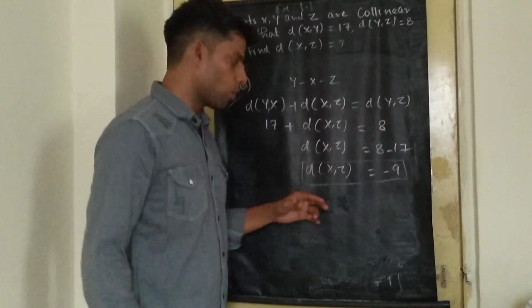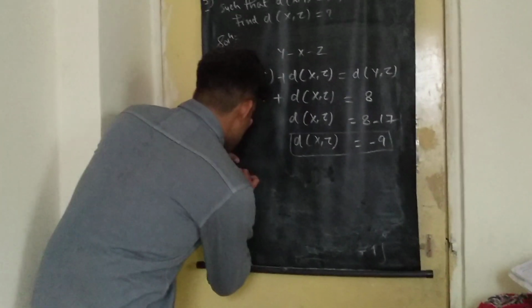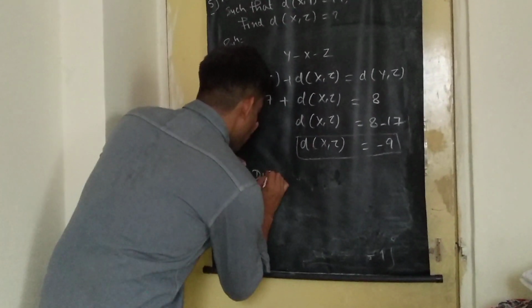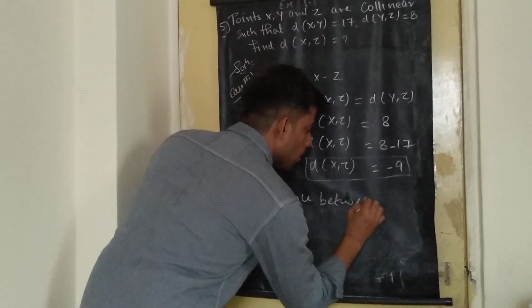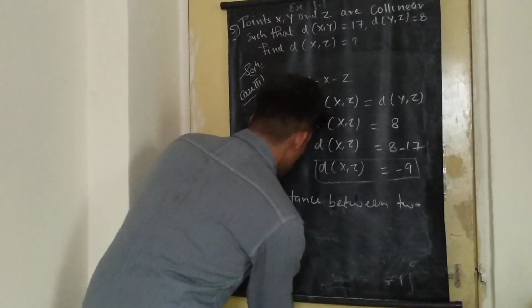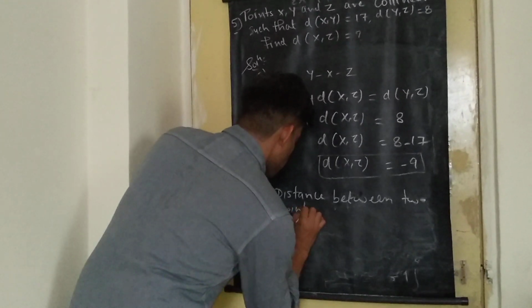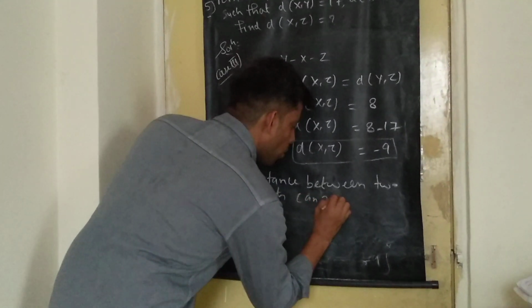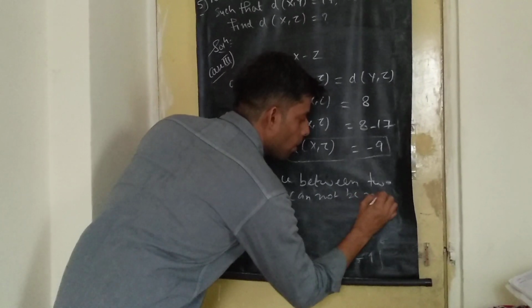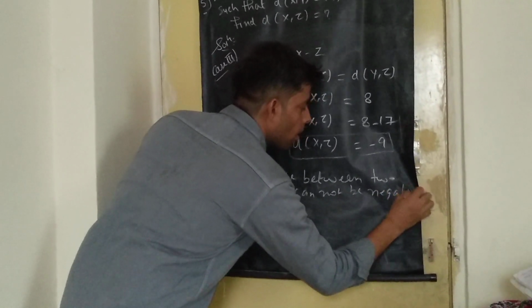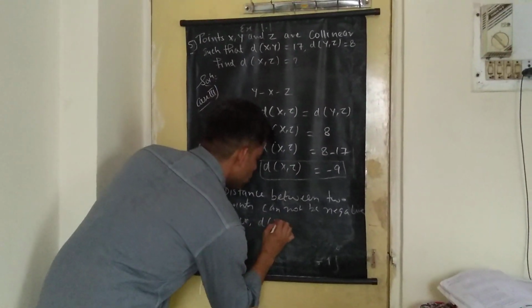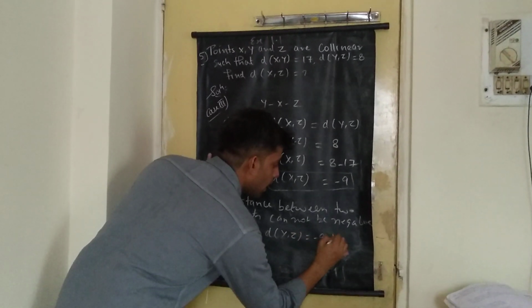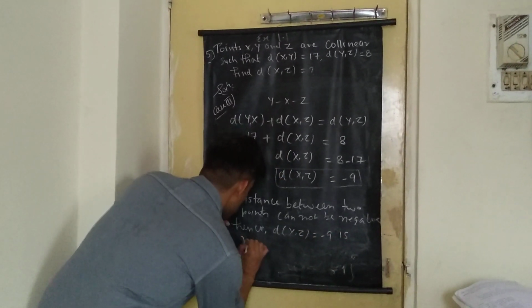So we'll write down here, since distance between 2 points cannot be negative, hence distance of xz equal to -9 is not acceptable.